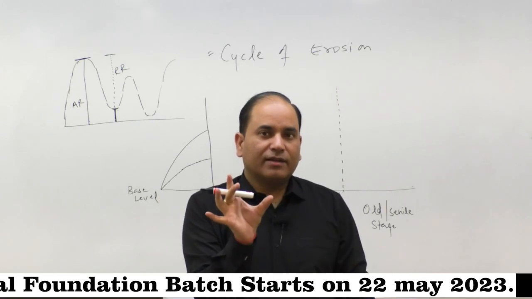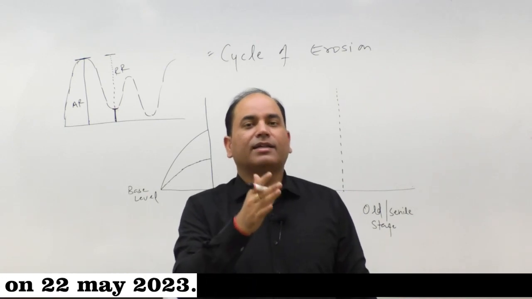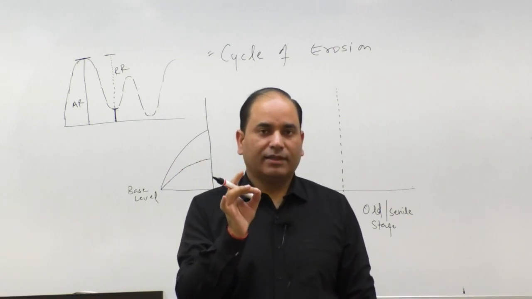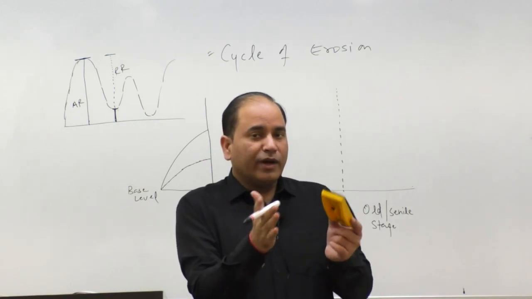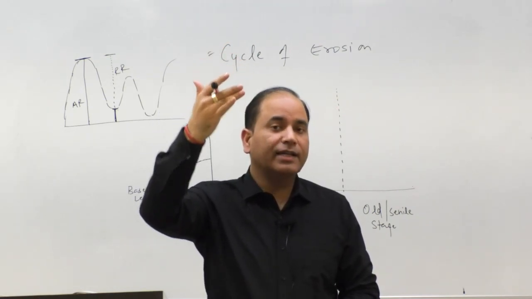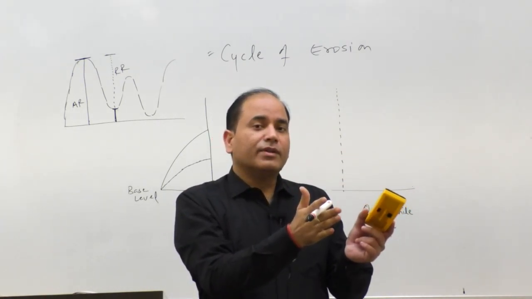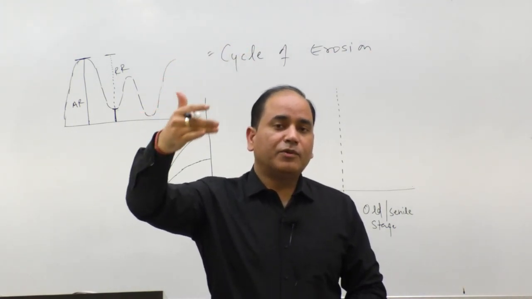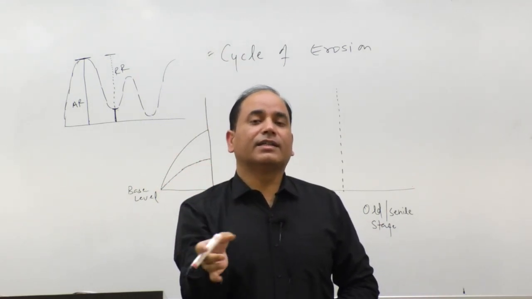Now, what is the cycle of erosion as per Davis? Cycle of erosion is the time period from when the mountain has attained its maximum height, which it attained due to the sudden and rapid upliftment, to the time when this high mountain turns into a plane-like surface, that is the peneplane.